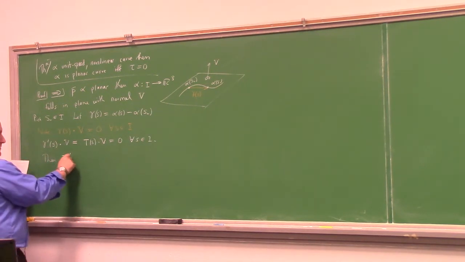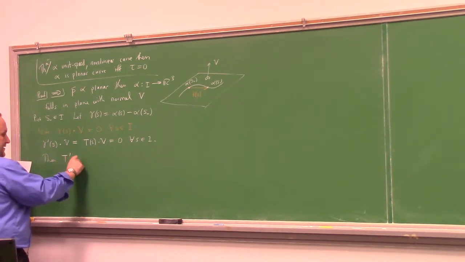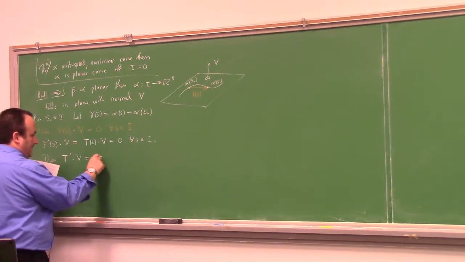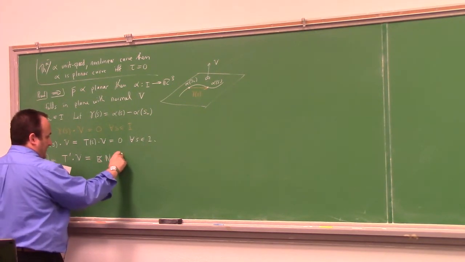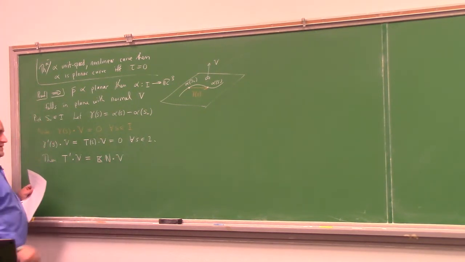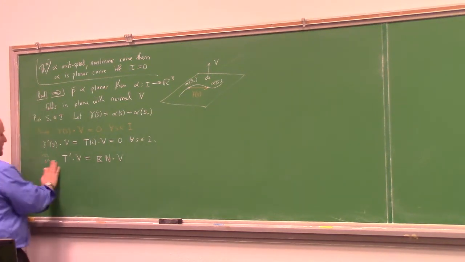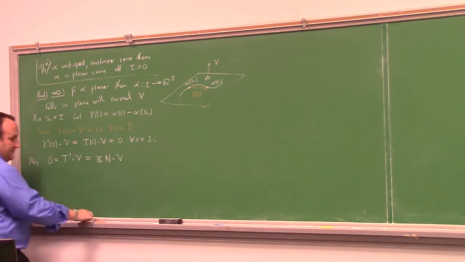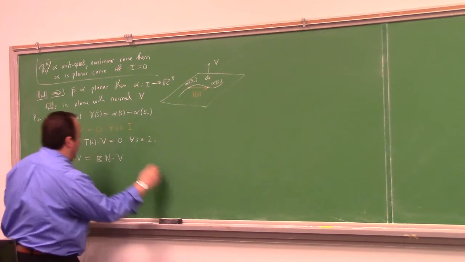T prime dot V, which is, by the way, kappa n dot V, is likewise equal to 0. So I'm differentiating this right here.